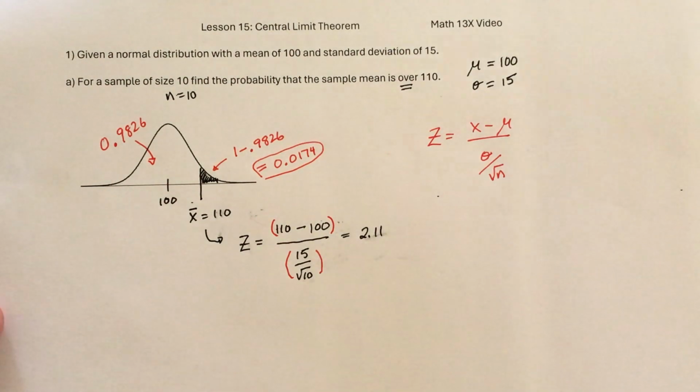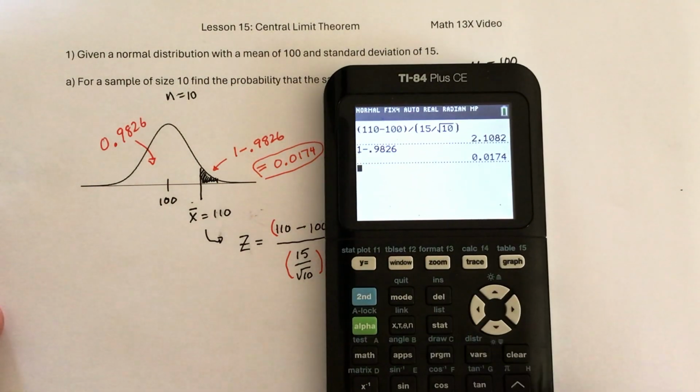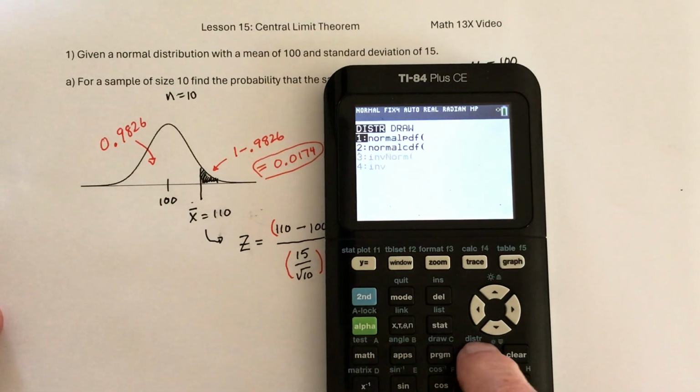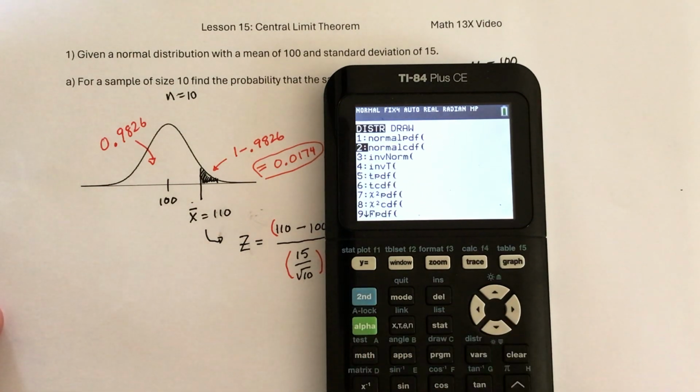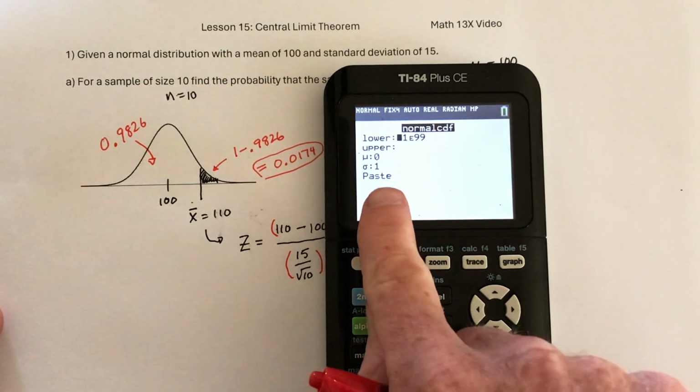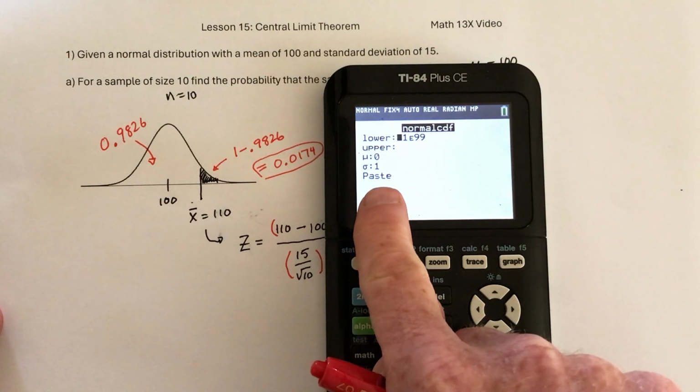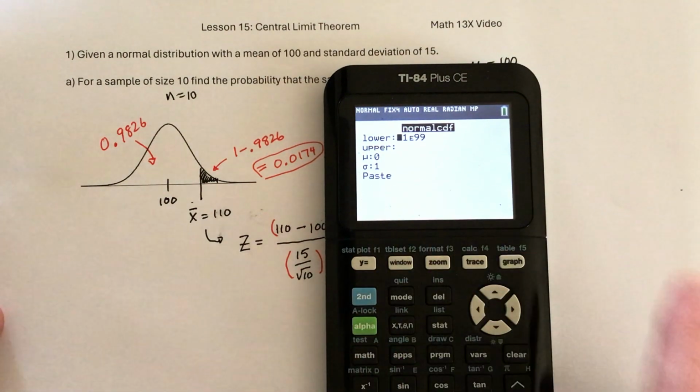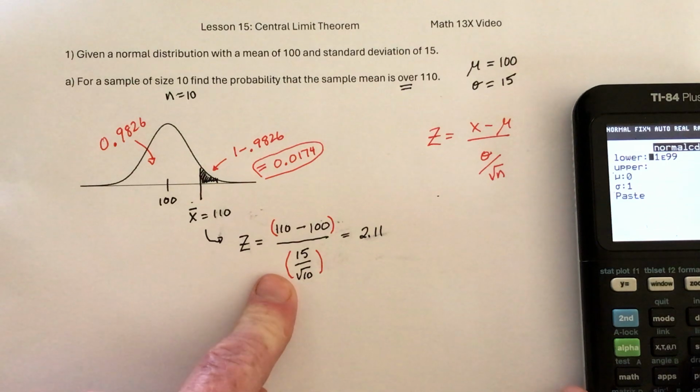Now, with the calculator, if you look at the distributions, so there's the normal distribution, but the problem is nowhere in here can I put n equals 10. So that means the calculator will not do this for us, unfortunately.